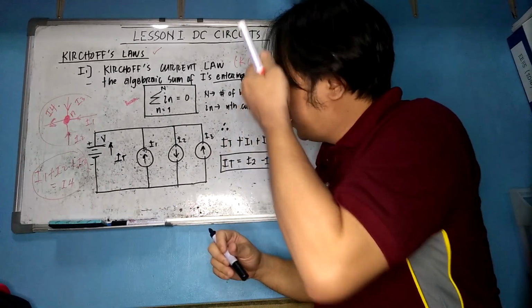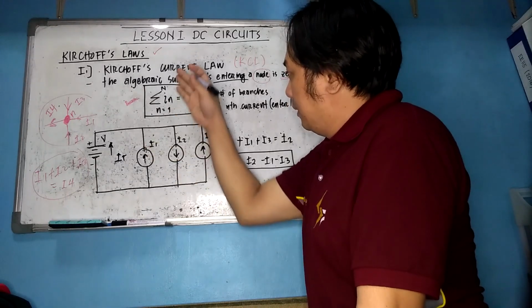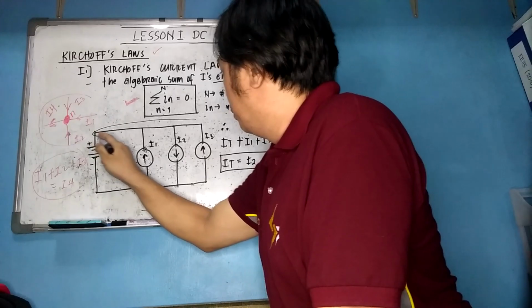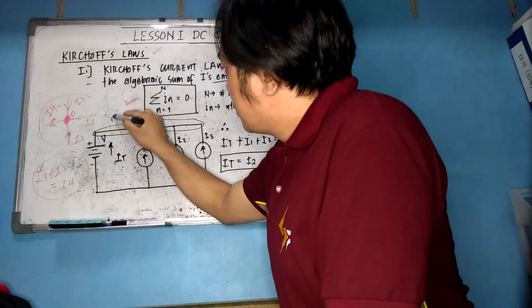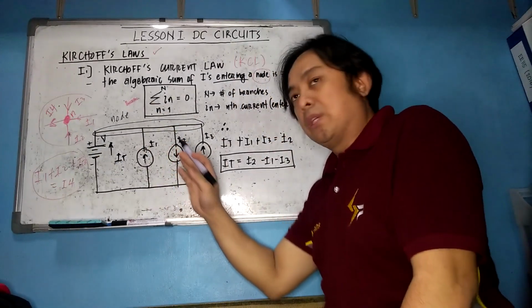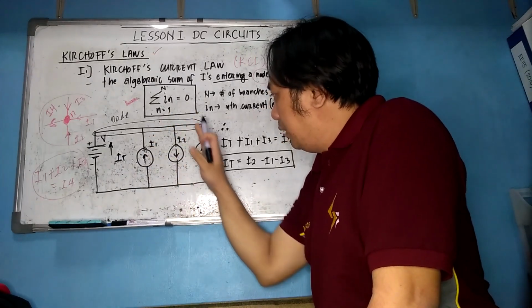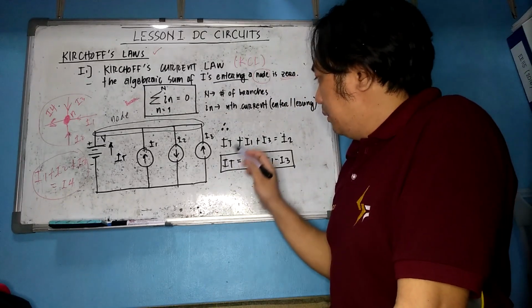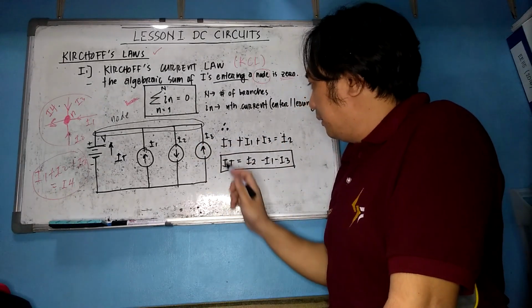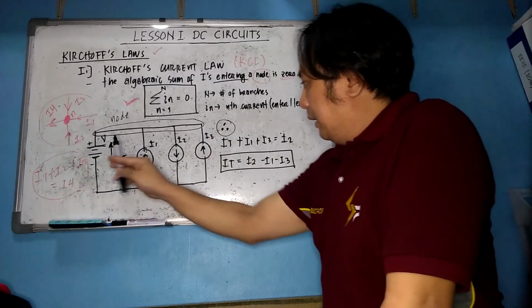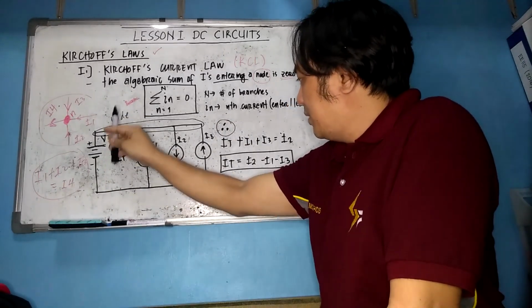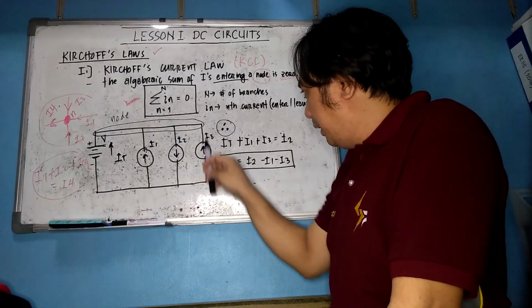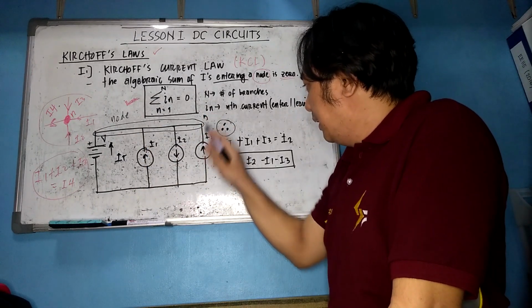Our main goal here is to get IT, and we need to apply Kirchhoff's current law. So this is the common node, wherein all of the currents will eventually go to that node and it will be equal to 0 based on Kirchhoff's current law. If we compute that, current entering is IT, current entering here is I1, and current entering at this node N is I3.